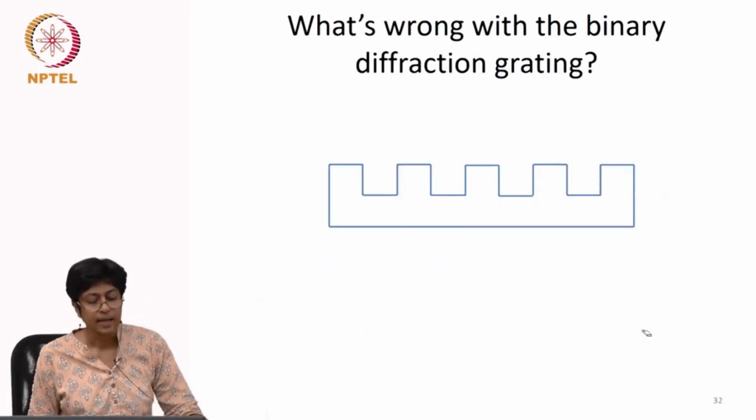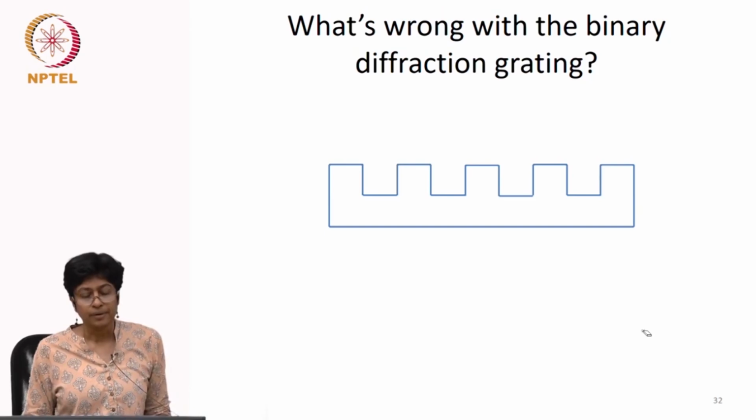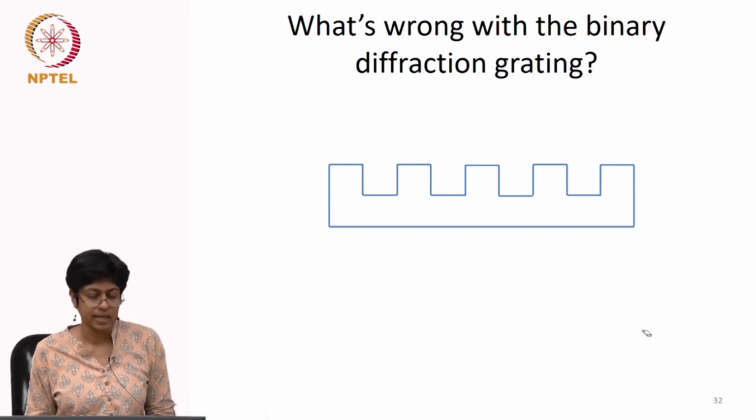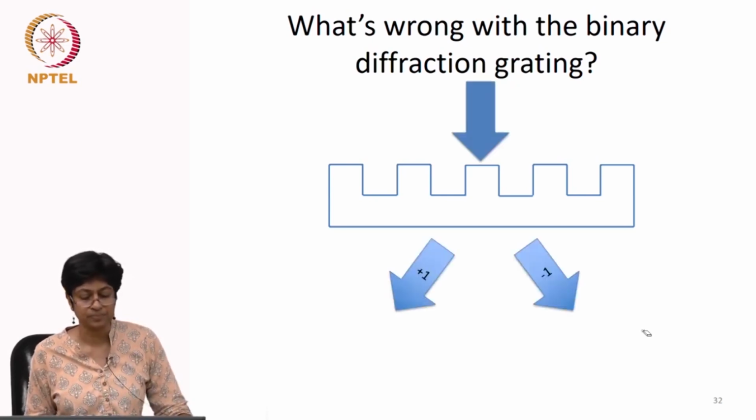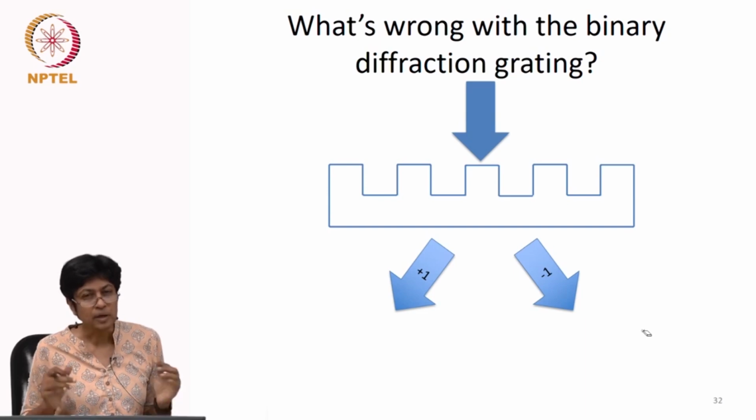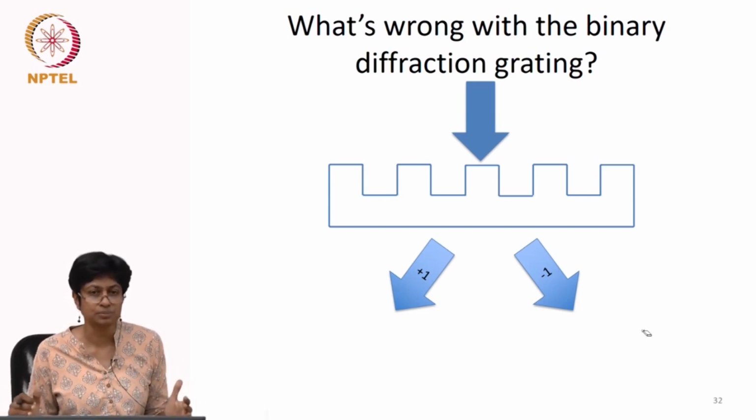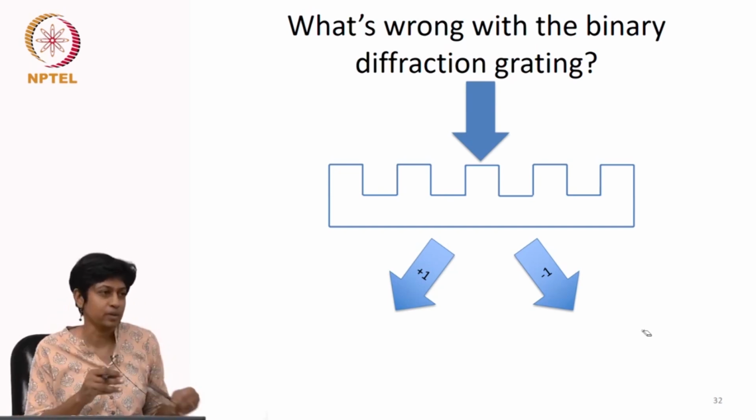Okay, and although we looked at this already, let's look at it now with a more critical eye and say what is the problem with the binary diffraction grating. Okay, we always want light elements or devices or systems to be as efficient as possible.